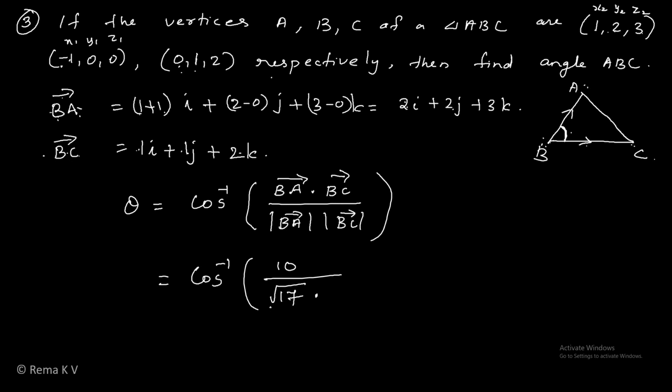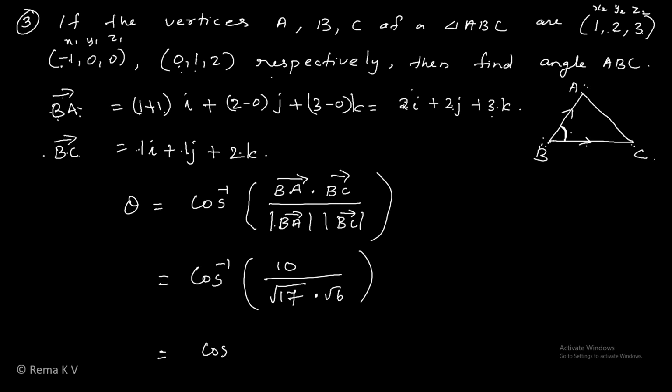To find the modulus of vector BA, it is root of 2 square plus 2 square plus 3 square. Similarly, find the modulus of vector BC. It is equal to root 6.